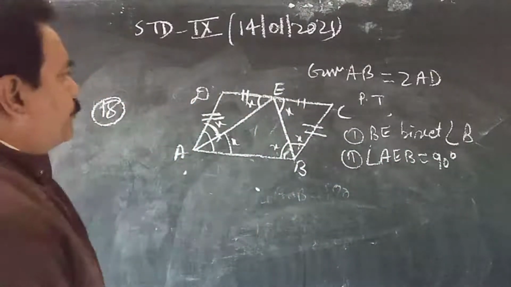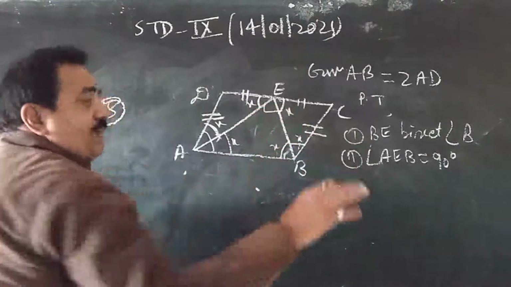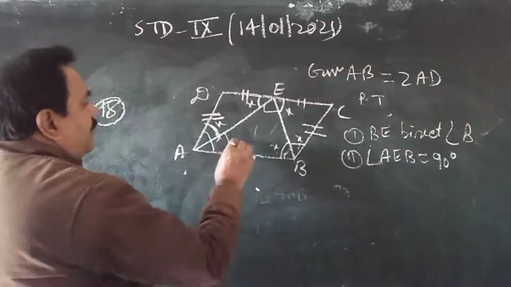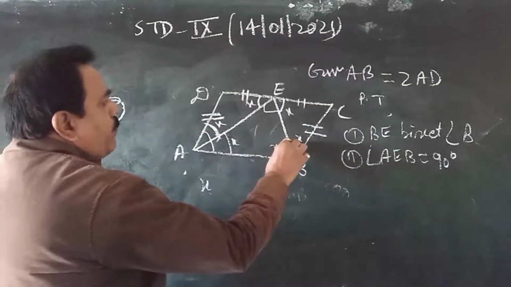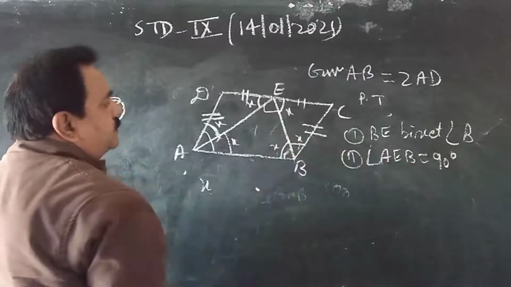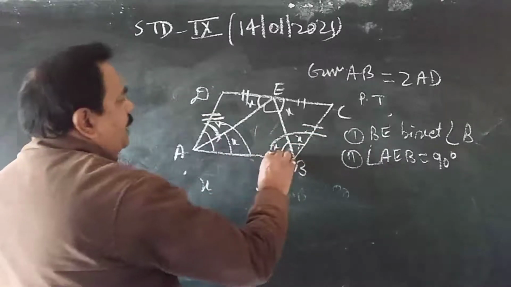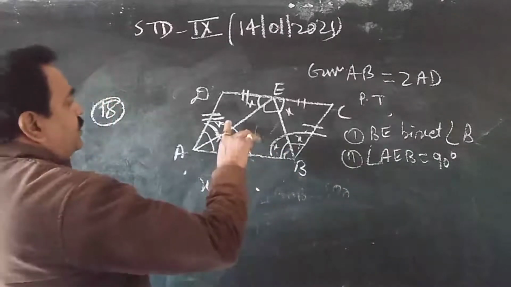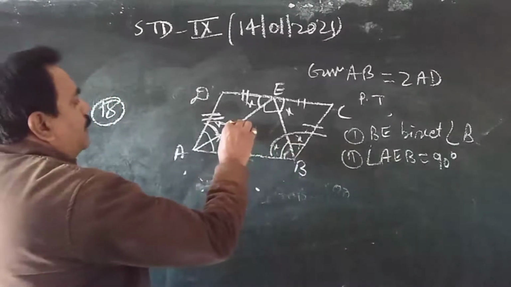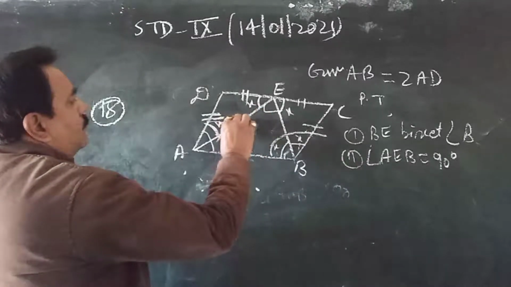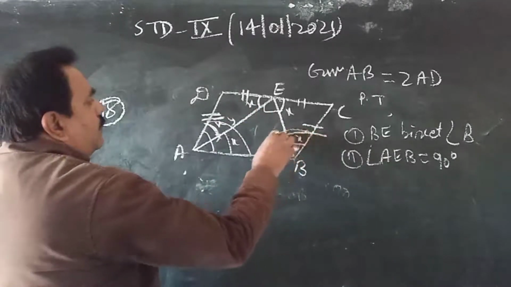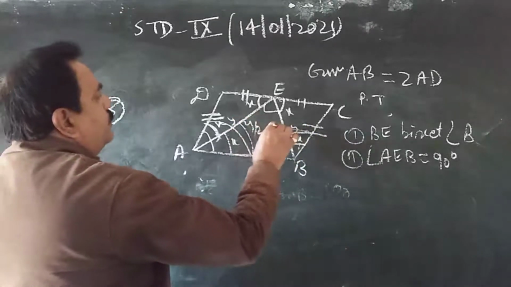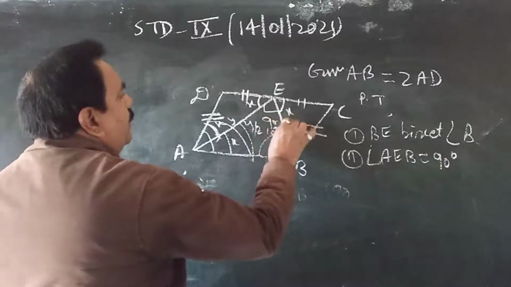To prove AEB is 90 degrees, it is the same as question 11 first part, which I proved. The sum of these two angles will be 180. So suppose this half is y, then this is 180 minus y, half of this portion is y by 2, and this is 90 degrees minus y by 2.